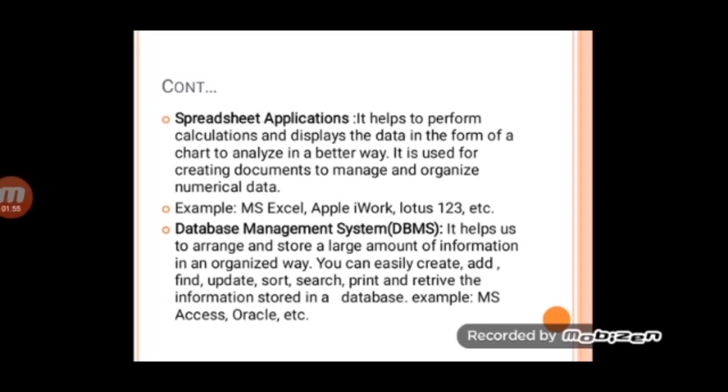It helps us to arrange and store a large amount of information in an organized way. You can easily create, add, find, update, sort, search, print and retrieve the information stored in a database. The examples are MS Access, Oracle, etc.